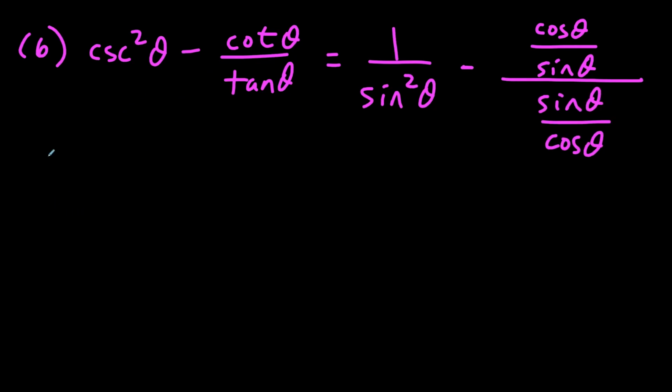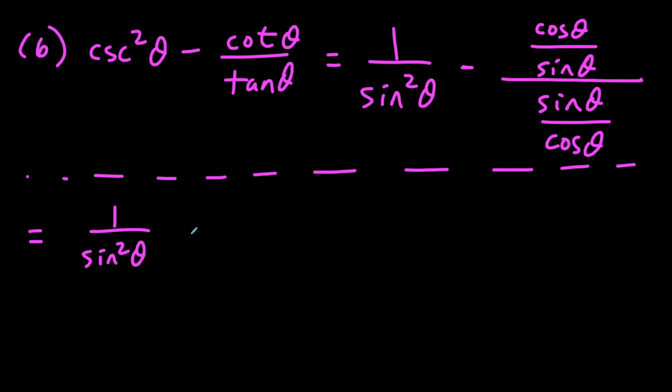In the next line, we'll divide this so we don't mix things up. We're going to say that this is equal to 1 over sine squared theta minus, and this we could rewrite as cosine over sine times the flip of this, cosine over sine. So cosine over sine times cosine over sine gives us cosine squared theta over sine squared theta.